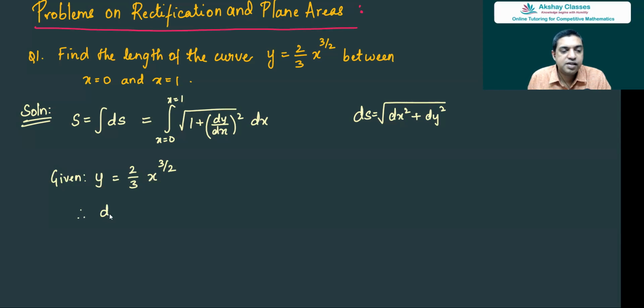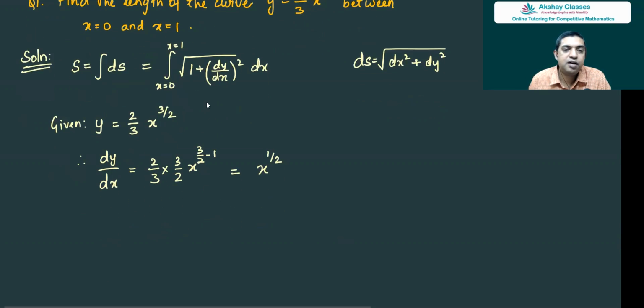Therefore, the derivative dy upon dx is 2 by 3 into 3 upon 2 x to the power 3 by 2 minus 1. 2 by 3 into 3 by 2 is 1. So x to the power half. So the derivative dy by dx is x to the power half. Now this is x to the power half the whole square.